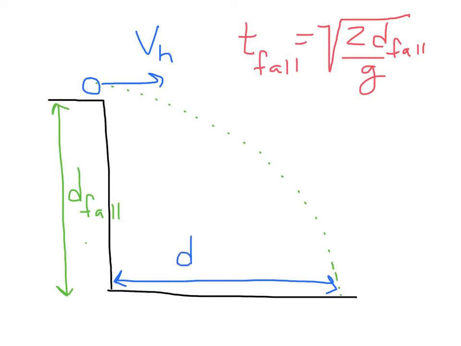So the horizontal distance is equal to the horizontal velocity times the time to fall. And what we call this is what's called the range. In other words, how far out horizontally will something go? So that's called the range.